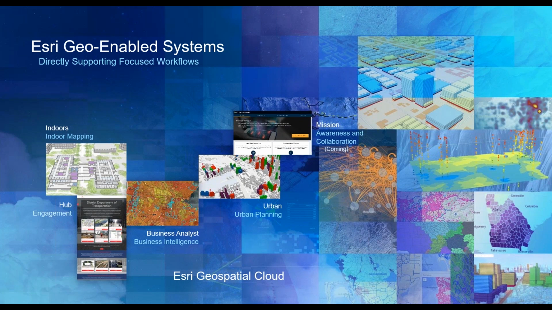So geography is therefore a facilitator and an enabler, and Esri is focusing a lot of effort on geo-enabled systems. So these are systems targeted at focused workflows that are improved by being geo-enabled. And I hope that by the end of today's webinar, you'll agree that ArcGIS Hub does indeed benefit from being geo-enabled.